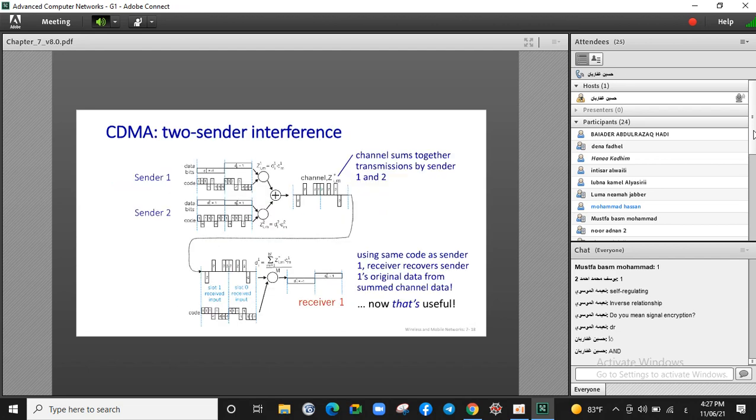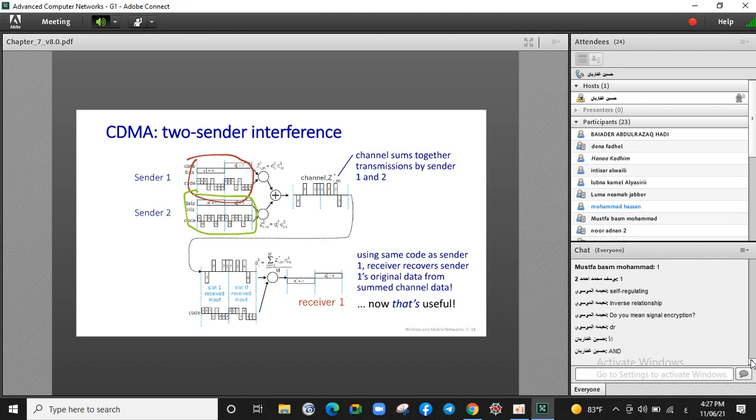Maybe someone says, okay, let me show you an example of a network with two different senders. What will happen? Okay, here we have the first sender with a special code and sender 2 with another special code. Each sender has its specific code.